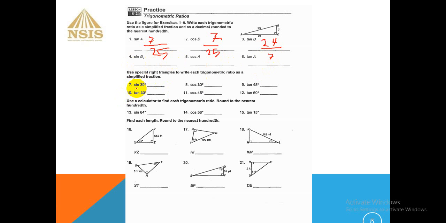Now, for sine 30. If you remember, you can use the special triangle that we showed you before. What's sine 30?